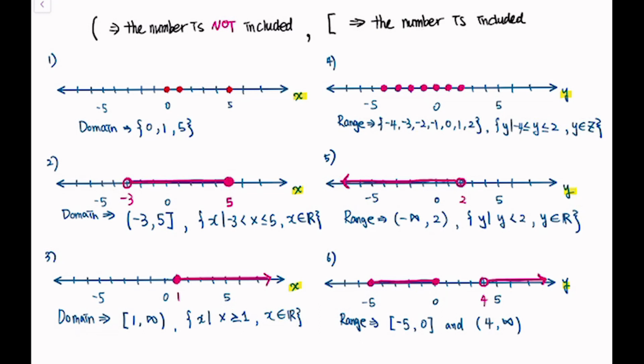Again, we can use the set notation using the curly parenthesis. Y bar, the first condition is the y values that are bigger or equal to -5 and smaller or equal to 0. So y is bigger or equal to -5 and smaller or equal to 0.